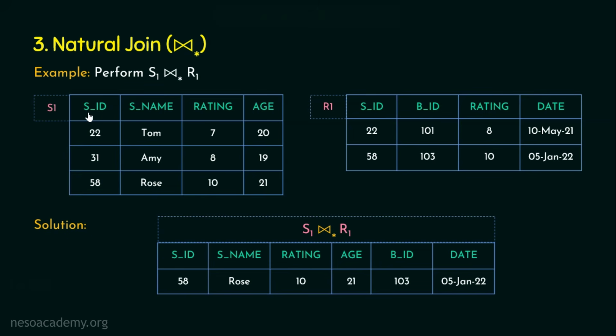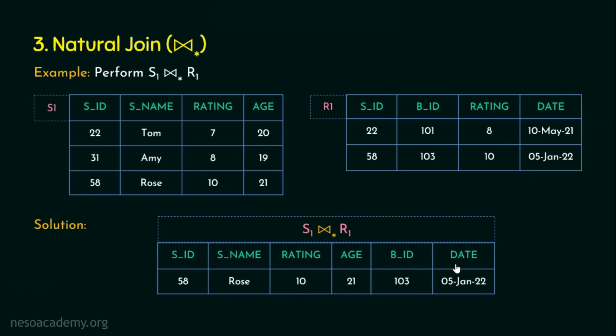So here the redundant attributes are student ID and rating. Here also student ID and rating. And the output contains exactly one time the student ID and the rating. If this was a Theta Join or Equi Join, we would be having 8 attributes in the output, 4 and 4. But in this case, we have only 6.